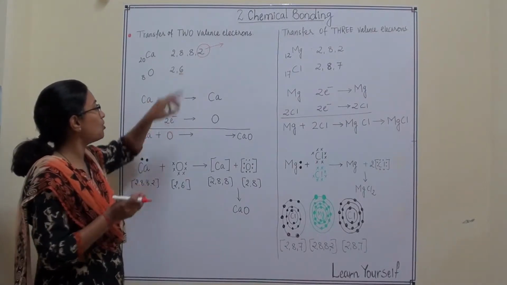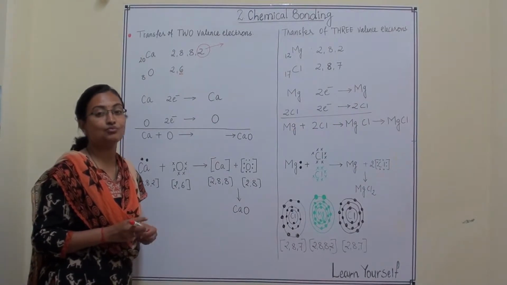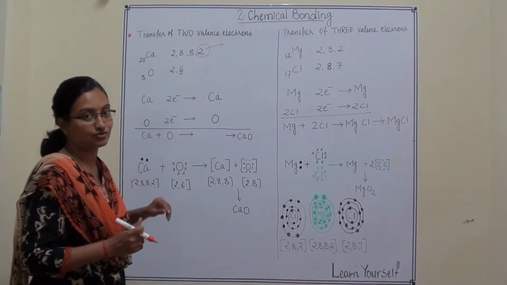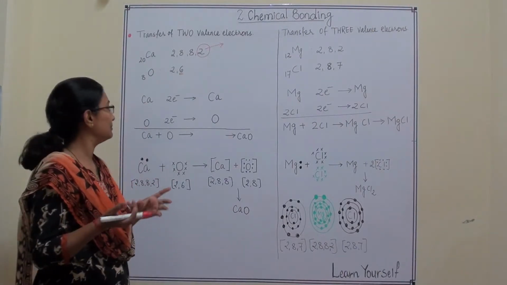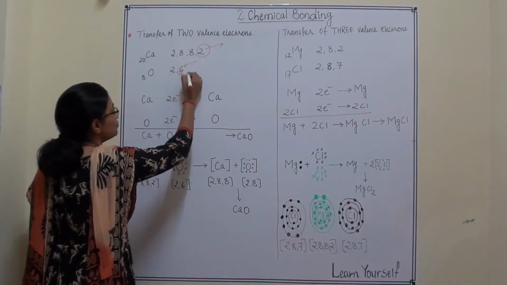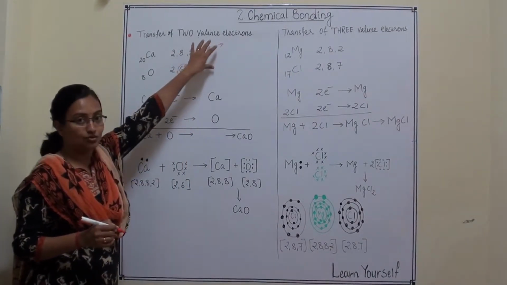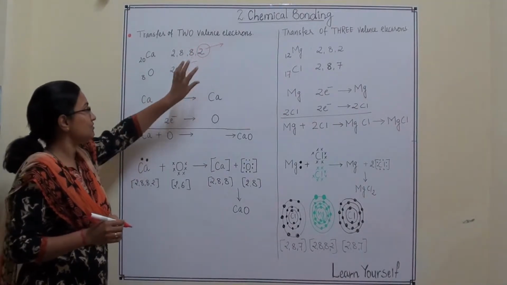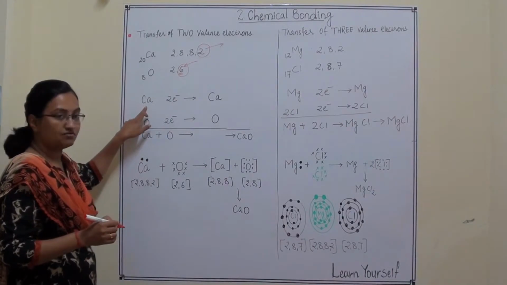To understand more about electronic configuration, please see my video on how to write electronic configuration and how atoms become stable. Now oxygen will gain 2 electrons and become 2, 8. So whatever 2 electrons have been donated by calcium will be gained by oxygen.